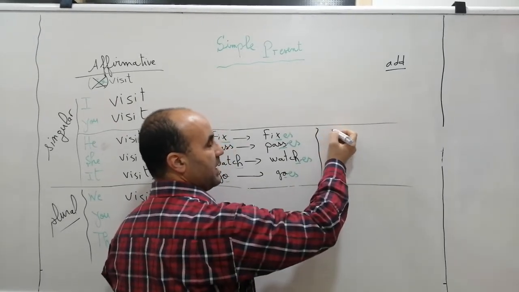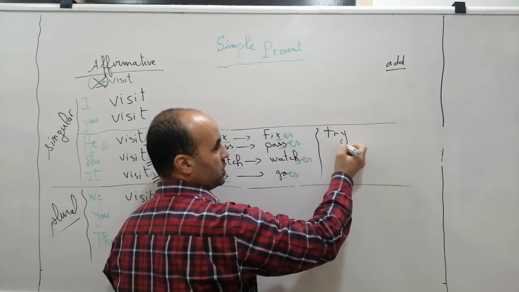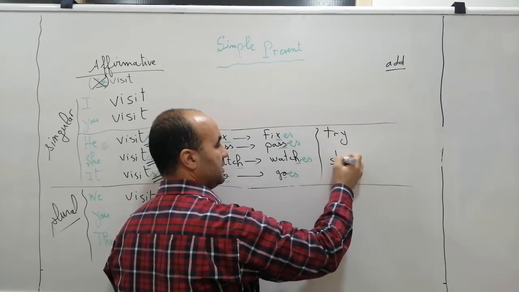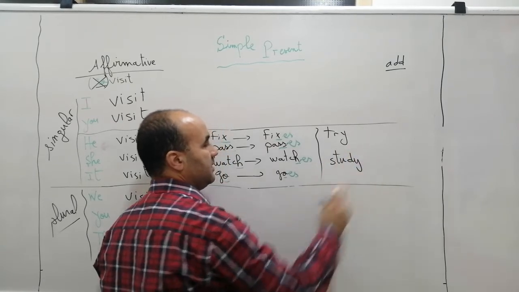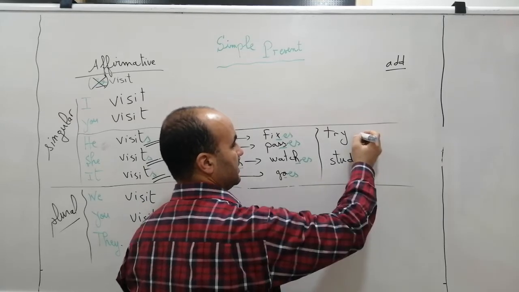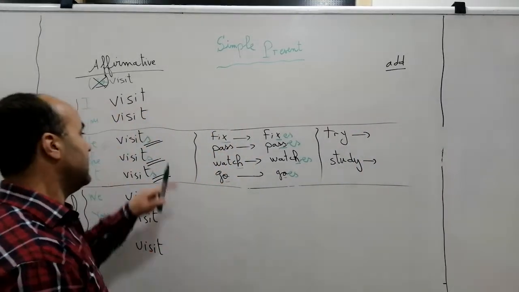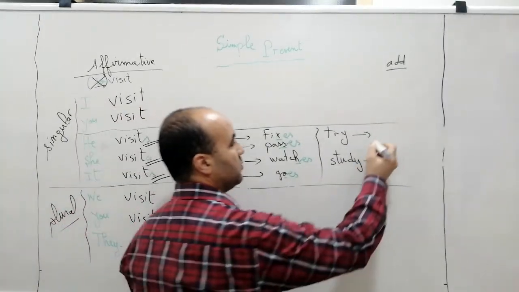Remember, if we have the verb, for example, which ends in Y, study, good. I try. You try, we, you, they try. But he, she, it, what do we do?